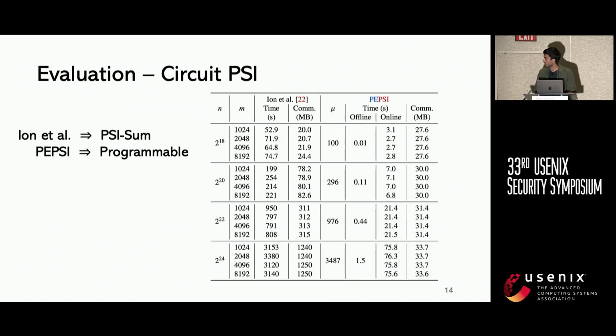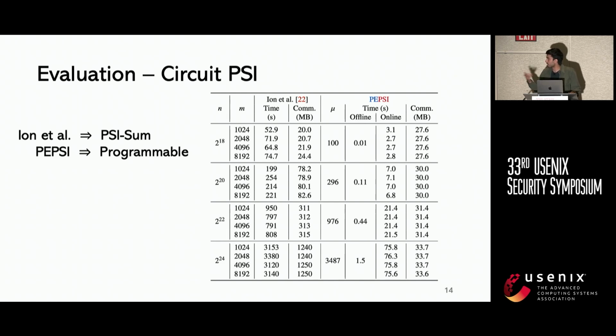And then another one is the circuit PSI solutions that aren't necessarily non-interactive like ours. So there's an aspect of latency that you would have to consider, but we'll set that aside for now. We just want to compare runtime and communication. So in this table, there's the work of Ion et al., which I think was mentioned in the previous talk too, that does PSI sum, meaning the function that they compute over the intersection is a sum of some attributes associated with the intersection.